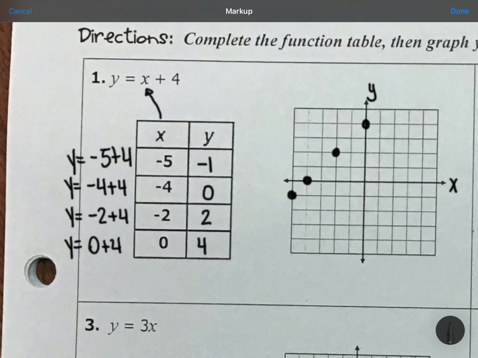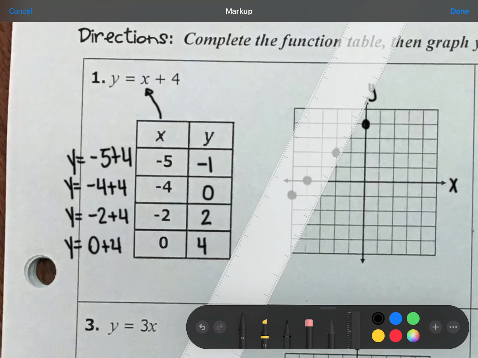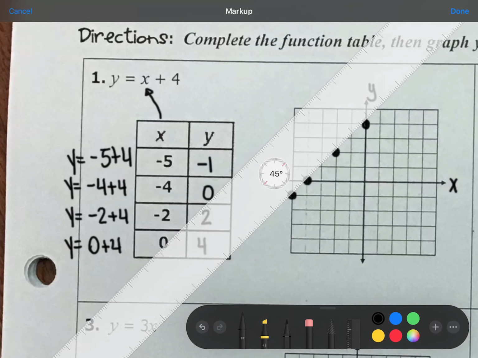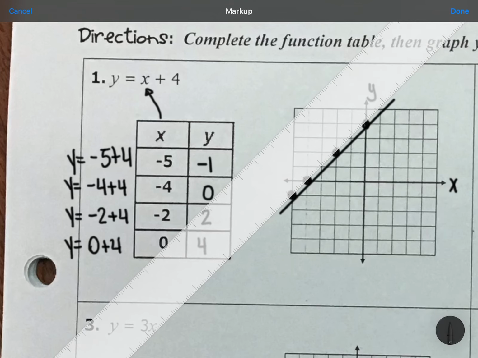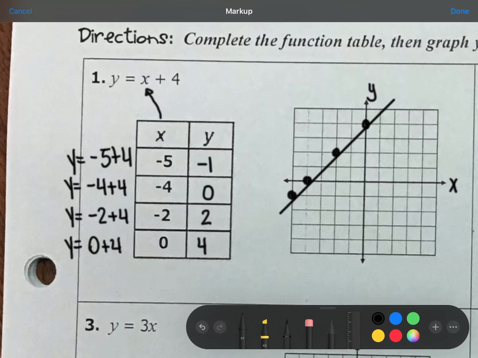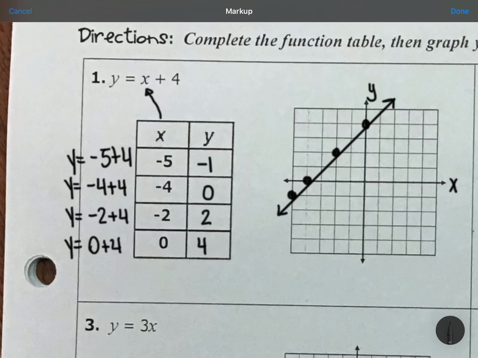Again, get your straight edge out and use that to help you connect your 4 points. Like so. Put an arrow on each end because it is a line and it does continue to go on forever and ever and ever. Kind of missed my dots, but you get the idea there.